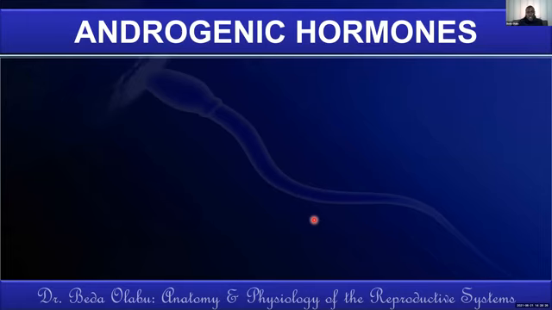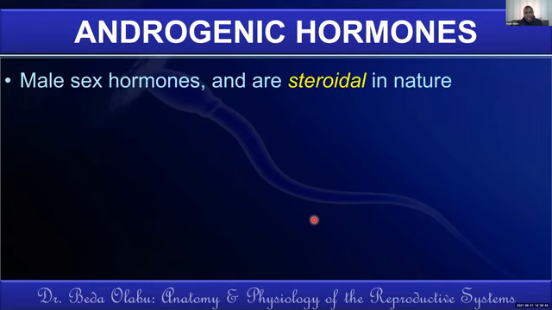So let's say something about the androgens. Remember, when we were discussing the endocrine system, we intentionally left out the sex hormones because there's a better time to talk about them, and this is that better time. Androgens are steroid hormones.